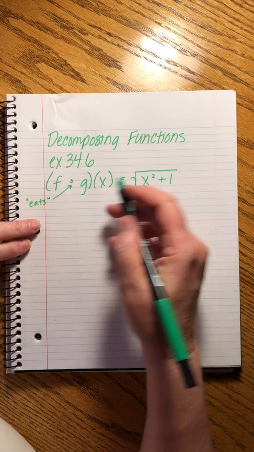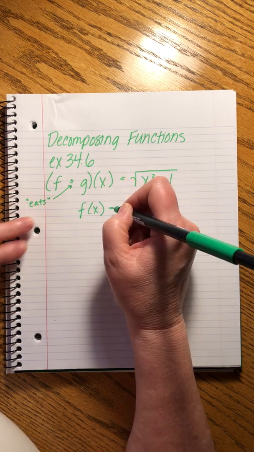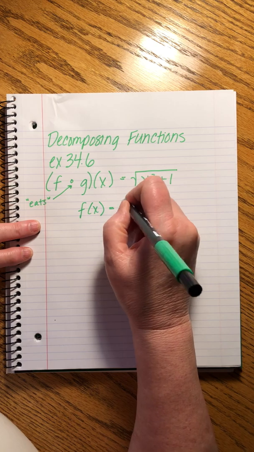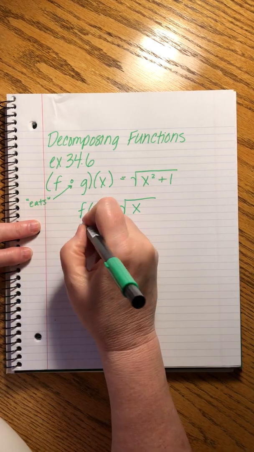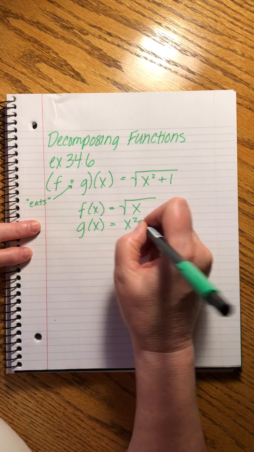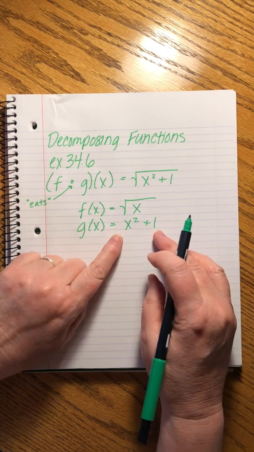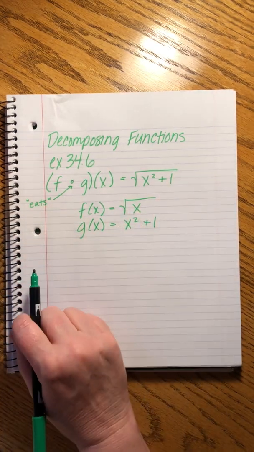So what we can see is that maybe the f function was, take the square root of x, and then the g function was x squared plus 1, right? Because then when f eats g, this would go inside of it and end up like that.